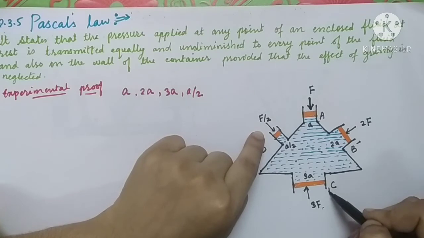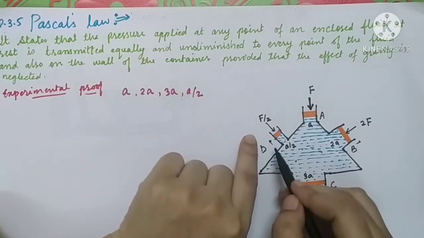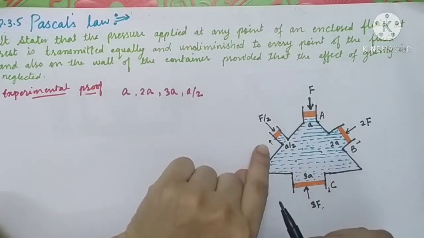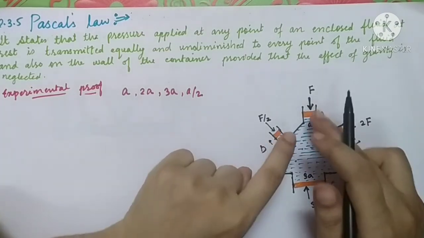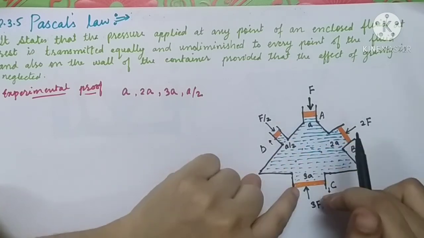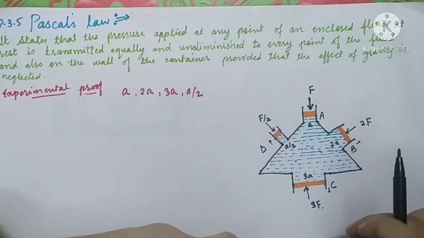All these pistons will slightly move outward. It depends on the amount of pressure applied over here. It means the force applied over here will equally push all the pistons in the outward direction.